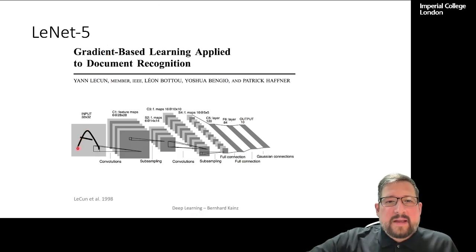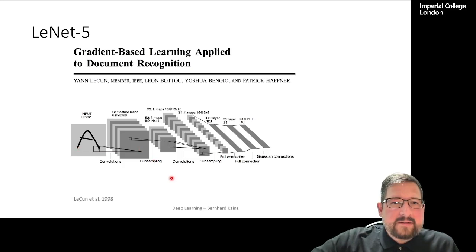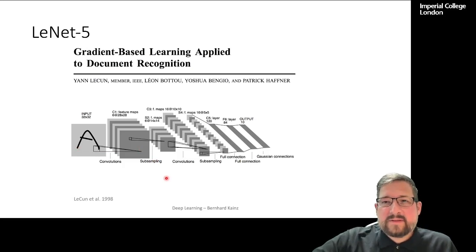The first step is a convolutional layer that transforms the input into 6 feature maps, each of the size 28 by 28, and that is followed by average pooling. An average pooling layer reduces the dimensionality further to 14 by 14, but still remains 6 channels.